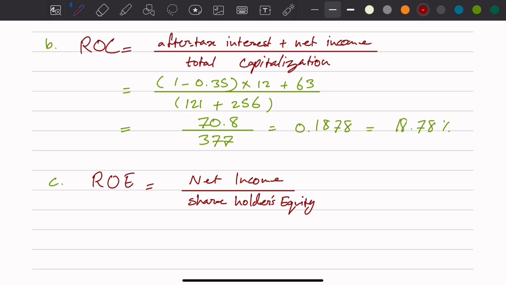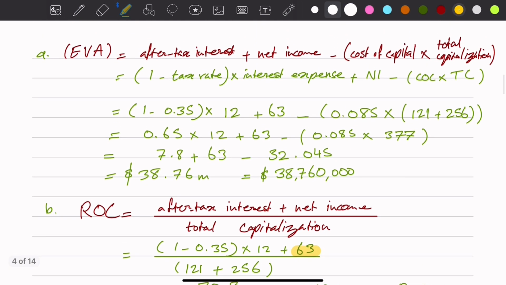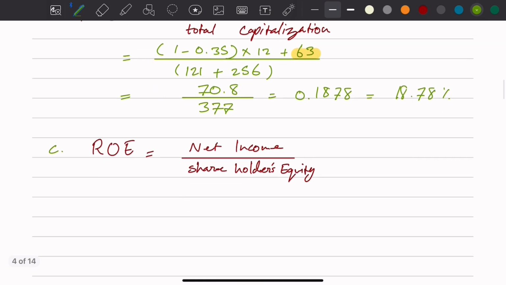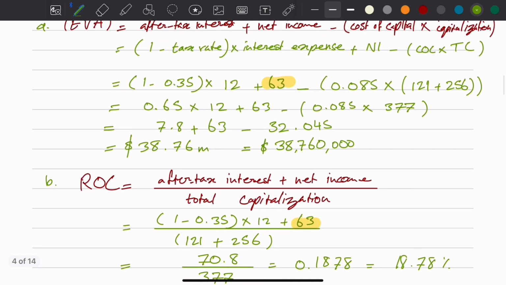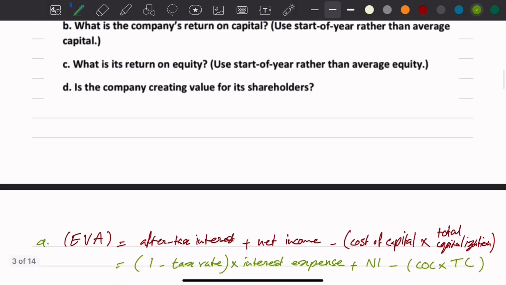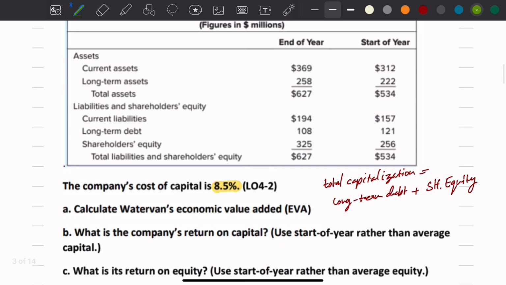Okay. Now, the net income we already know, it's 63. We used it multiple times in our calculations already. Okay, so 63 million. We'll go back and check which one of these is our shareholders equity, just to quickly remember. Shareholders equity, the start of the year, right here, 256.